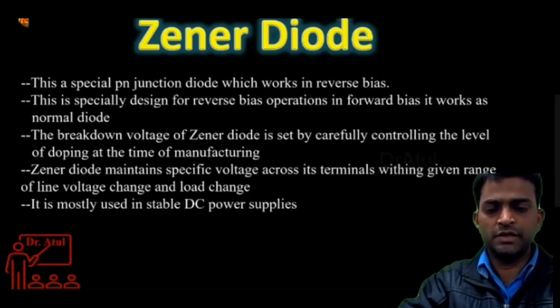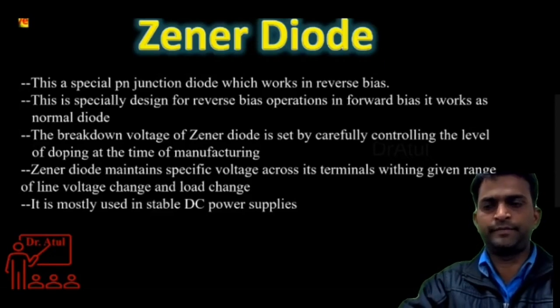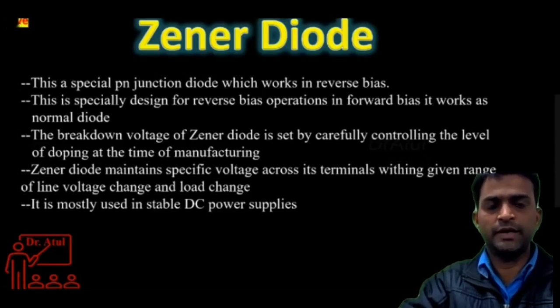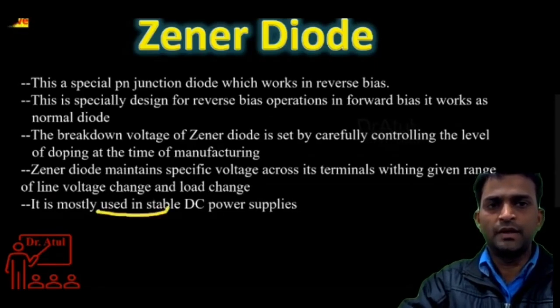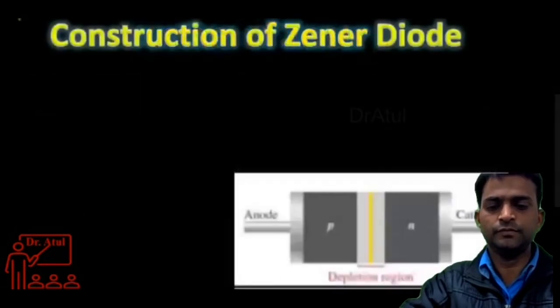It is mostly used in DC power supply design. When I was discussing DC power supply, I told you that the voltage regulator, which is the last part of the DC power supply, needs a Zener diode. This gives a stable power supply.